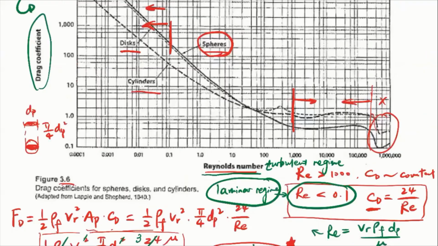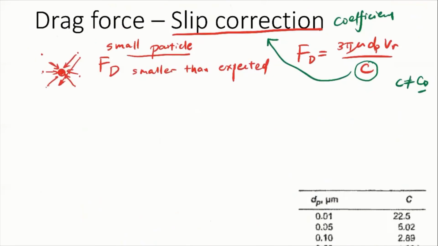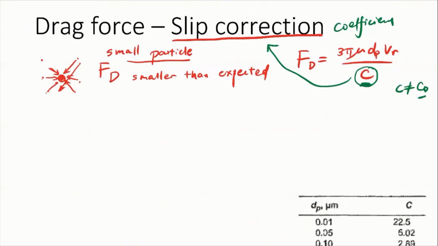The drag coefficient depends on the Reynolds number. In the larger Reynolds number regime, CD is a constant, right? In the lower Reynolds number regime, that's 24 over Reynolds number. But here, when we discuss C, it has to be in the Stokes regime, where the Reynolds number is below 0.1. So C is not equal to CD.